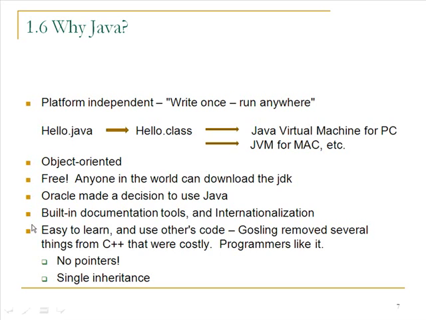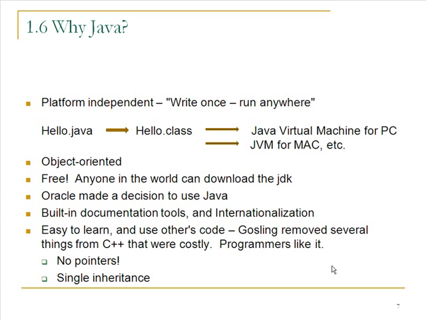The other thing that's very important to us about Java right now is that it's easy to learn, and it's easy to read other people's code who are writing Java in a standard, consistent way following the conventions. Gosling was a C++ programmer, and he learned things that were wrong with C++ over a period of about 15 years.